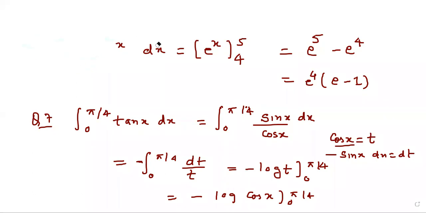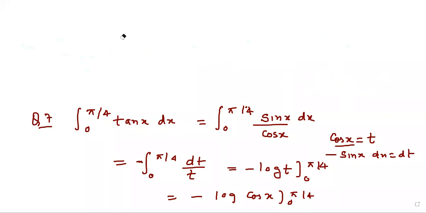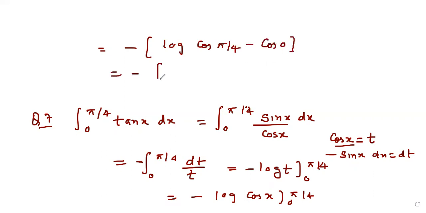So it will become minus log cos pi by 4 minus log cos 0.